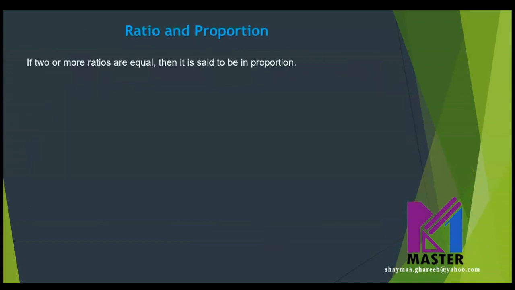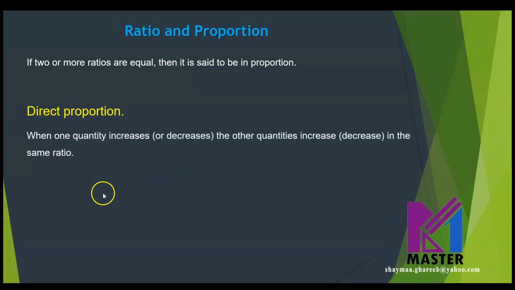Ratio and proportion. If two or more ratios are equal, then it's said to be in proportion. So if I have two equal ratios, we say these two ratios are in proportion. We are going to talk about a type of proportion which is direct proportion.